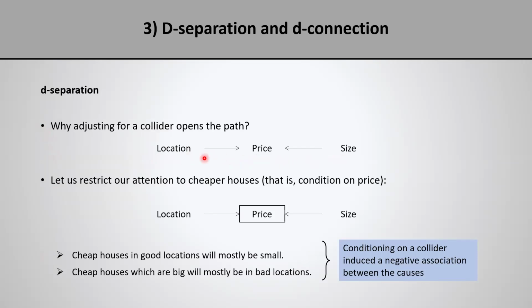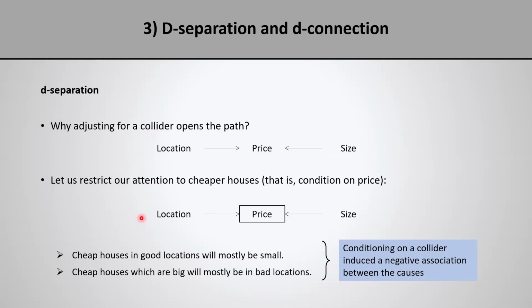So notice here that location and size are independent in our DAG because price is a collider that's not being conditioned on. But now let us condition on price, and let us do that by restricting our attention to cheaper houses. That is, we are restricting our analysis to a given level of the collider price.